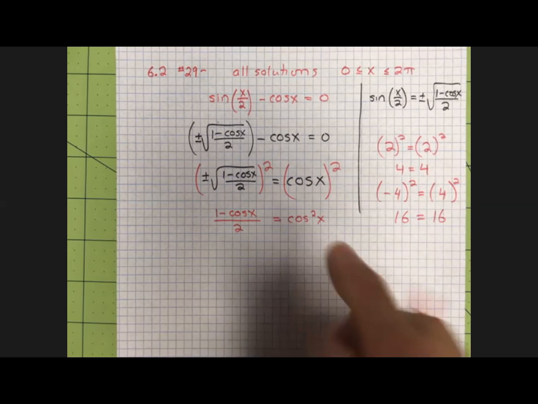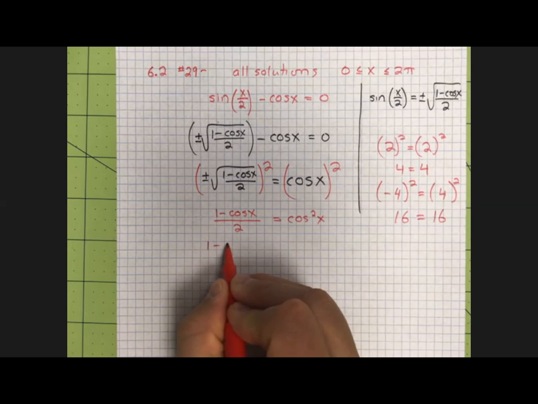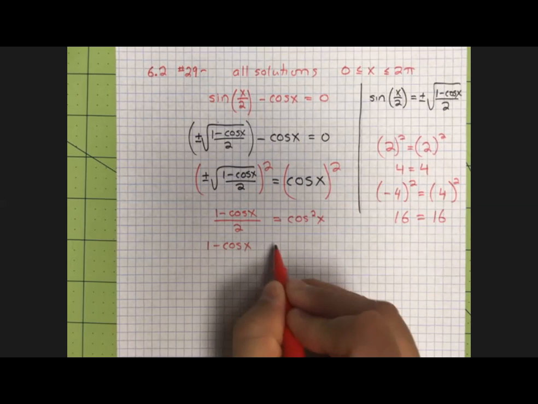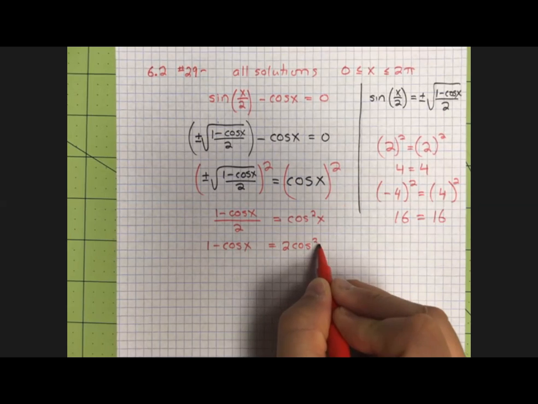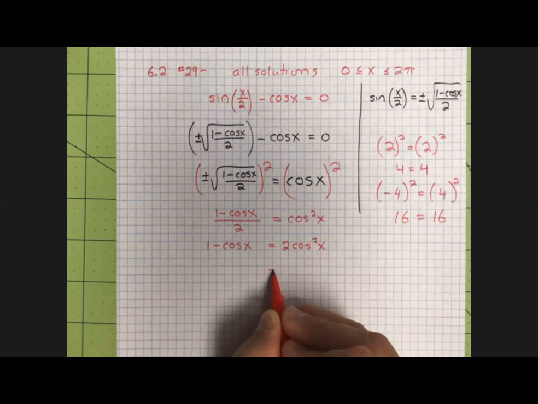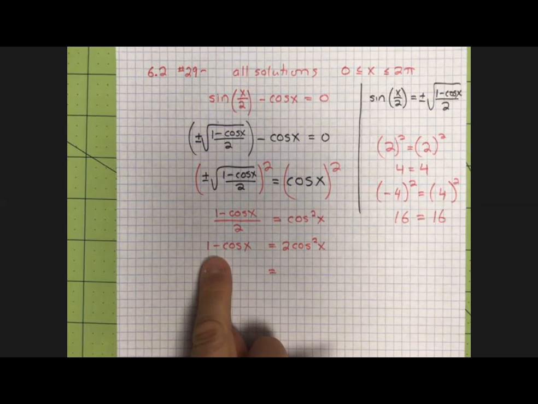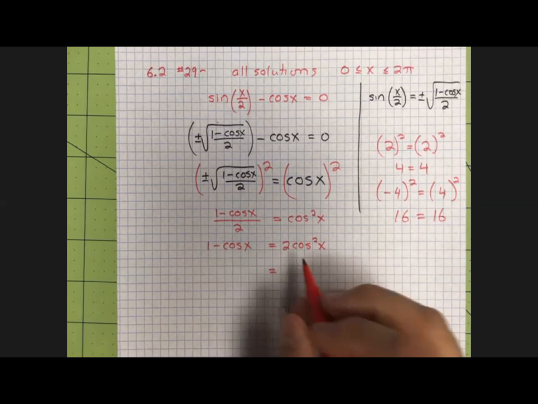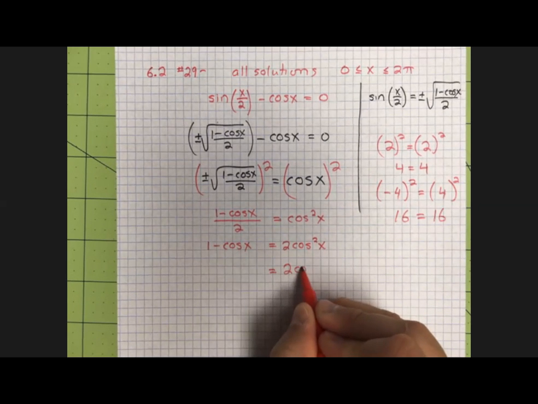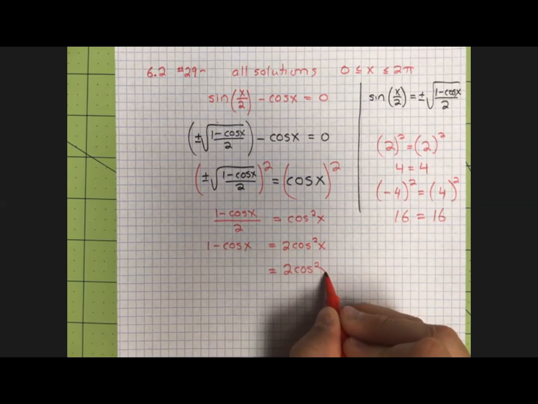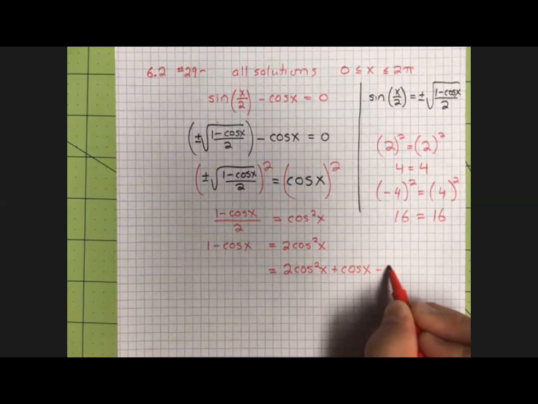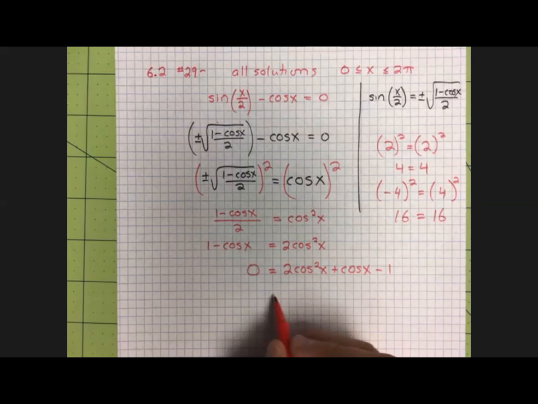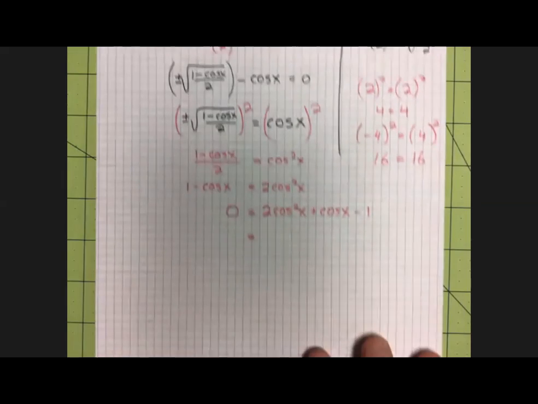Okay, let's finish this off right here. 1 minus cosine x is 2 cosine squared x. Let's bring these two pieces to the other side. 2 cosine squared x plus cosine x minus 1 equals 0. We've done a couple factorings today.